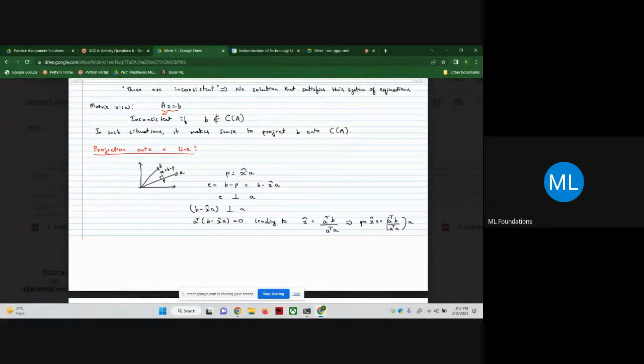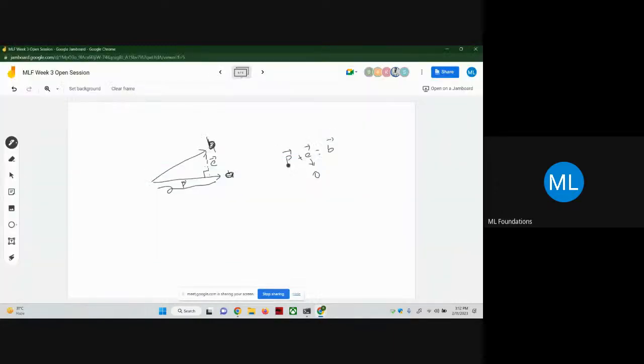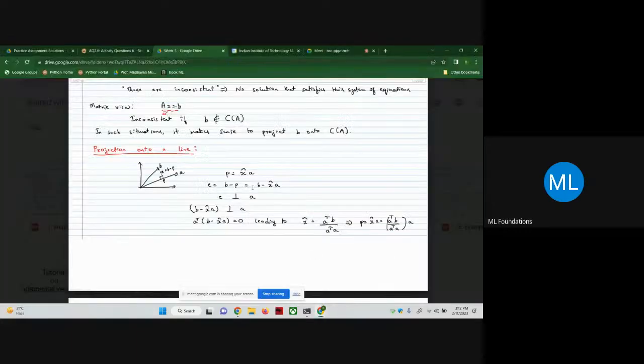They have written it as x cap A, because the projected vector is parallel to the actual vector A. As I discussed, P plus E equals B, so the error will be B minus P, or B minus x cap A.